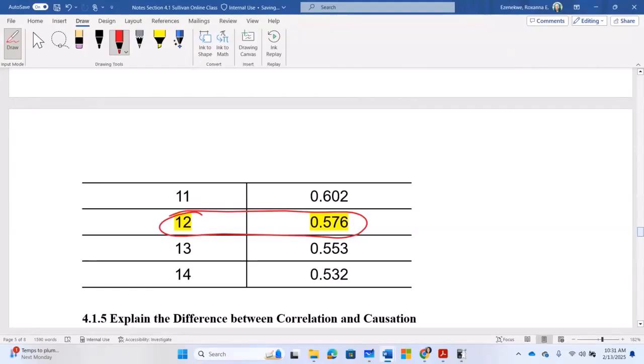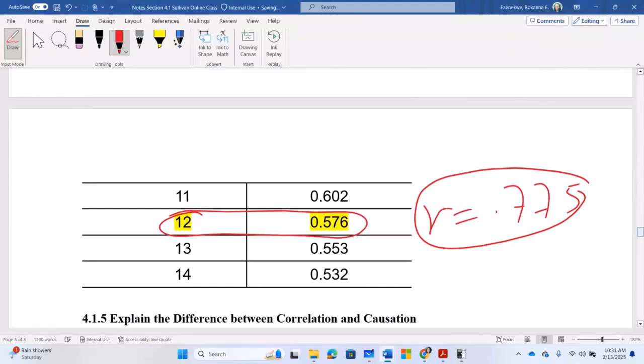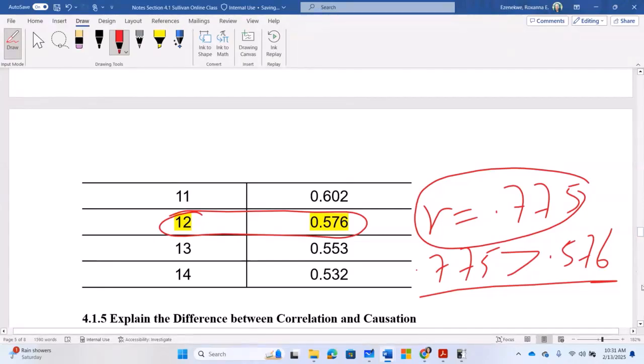But the calculated R is 0.775. Because the calculated R is greater, 0.775 is greater than 0.576, we conclude there is a linear relationship, because the calculated coefficient of correlation is greater. There is a linear relationship between the two variables.